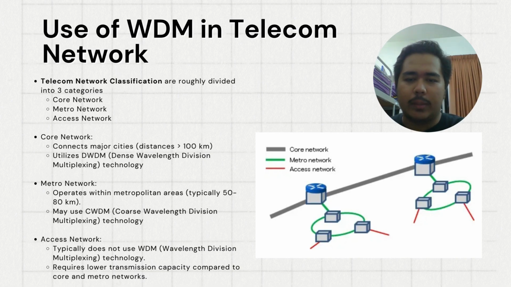It operates within the metropolitan area, typically ranging between 50 to 80 kilometers, and it uses CWDM, or coarse wavelength division multiplexing, technology. The third and final category is the access network. Typically, it does not use WDM technology, and it requires lower transmission capacity compared to the core and metro networks. Here we have a graph that shows the basic structure of WDM in a telecom network.